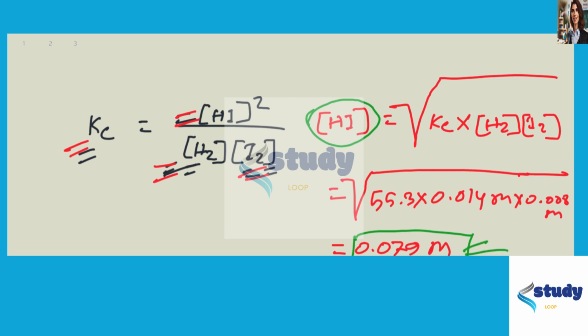Now that we have found the equilibrium concentration of hydrogen iodide, going back, we can find the mass of hydrogen iodide. From the concentration, we can find the number of moles of hydrogen iodide by multiplying that concentration by the volume.